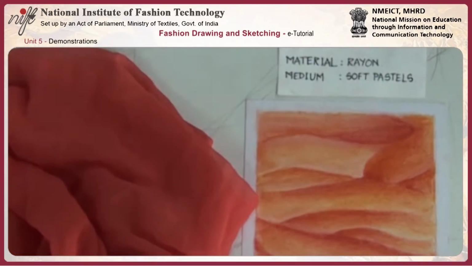Here you are watching the rendering of rayon material using soft pastels. You can see that the colors used are yellow, orange and red with some dark brown applications. Also watch the folds that are rendered as per the reference rayon material.